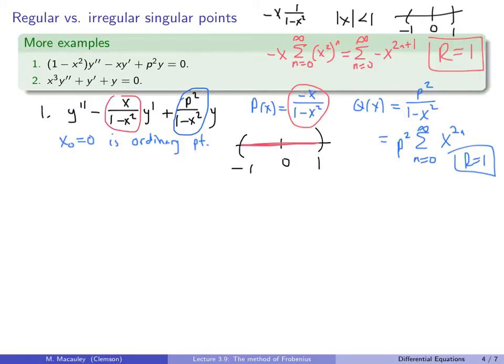As it turns out, we'll see on the next slide that this equation is going to have a power series solution, but it's only going to be valid in this region, because this whole equation is going to break down in power series form outside of this region, because this only holds in this region and this only holds in this region.